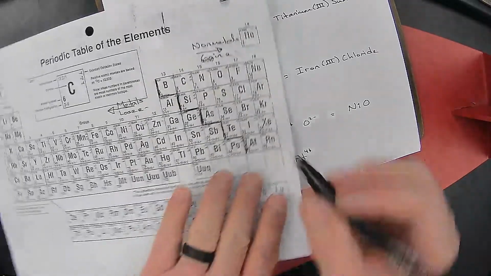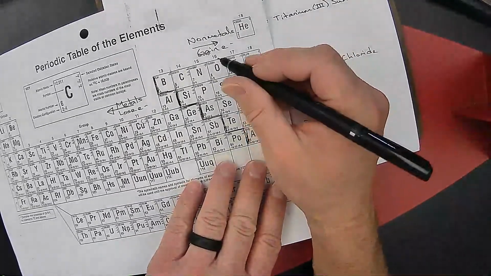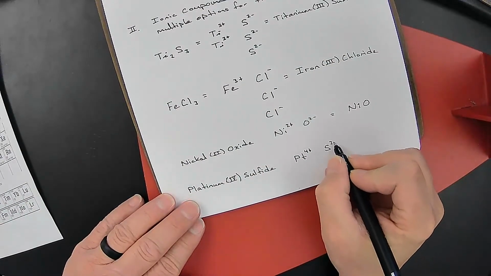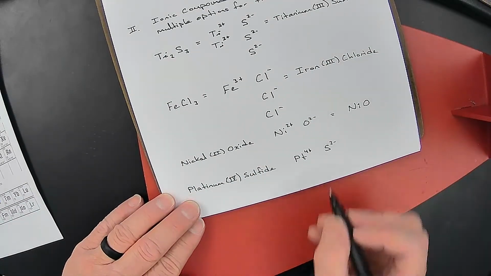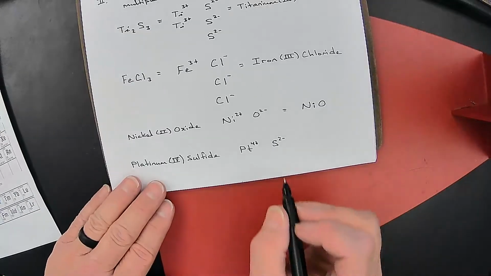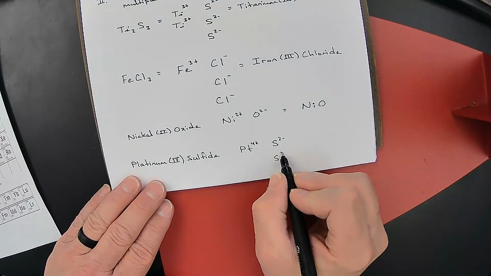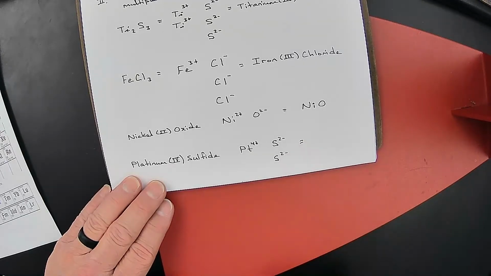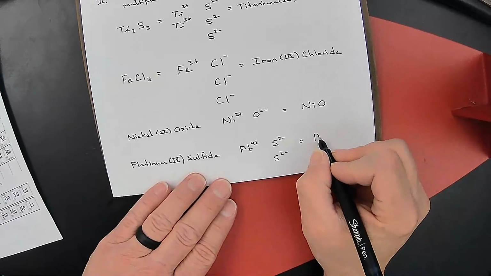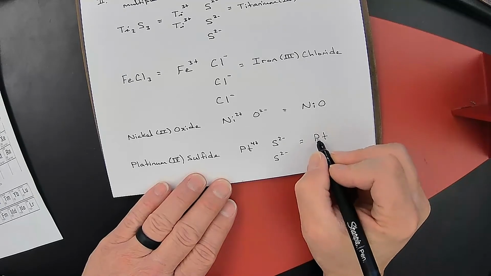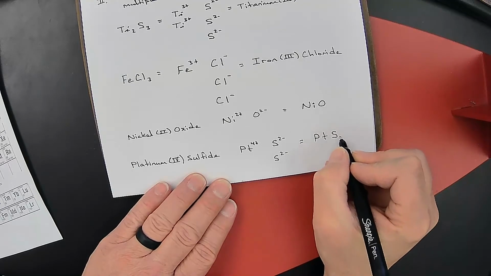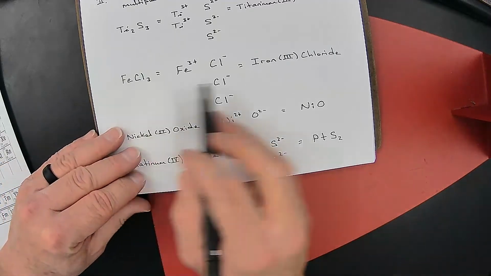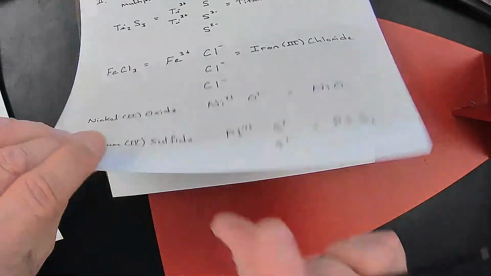Sulfide comes from sulfur, and that's in column 6A, so that's an S with a 2 minus. It turns out that I need another S with a 2 minus to balance the 4 plus. Because of that, the formula is going to be PtS2. Name to formula, formula to name.